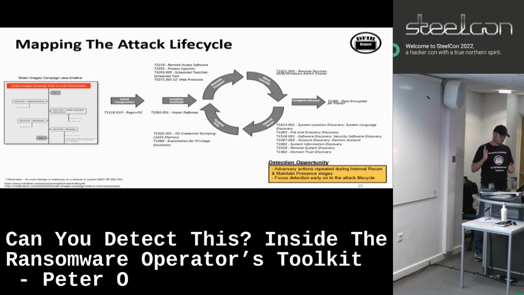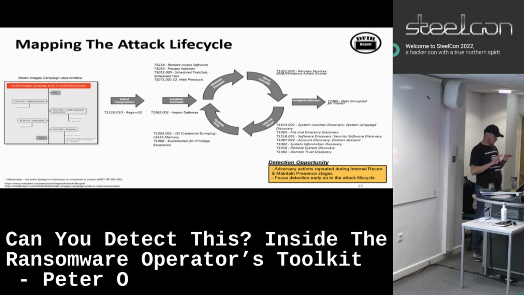Using the Mandiant attack lifecycle, we can map the observed procedures that we see in the intrusions and then start classifying them. From this, we can build an understanding of how frequent those procedures are, where they're being leveraged, what kind of telemetry data sources we have, and start building up opportunities for detection.